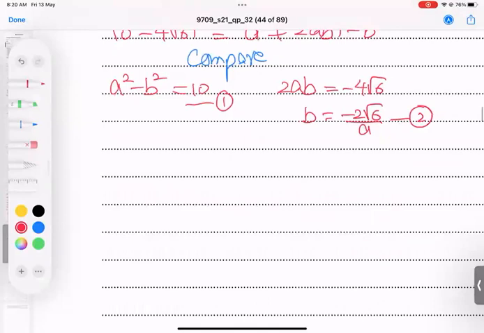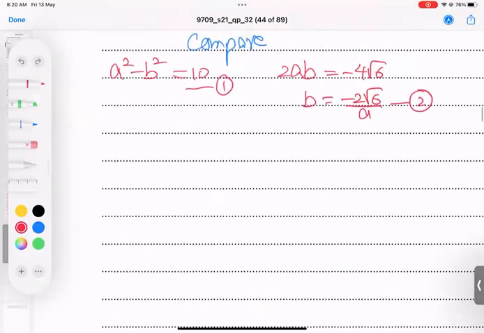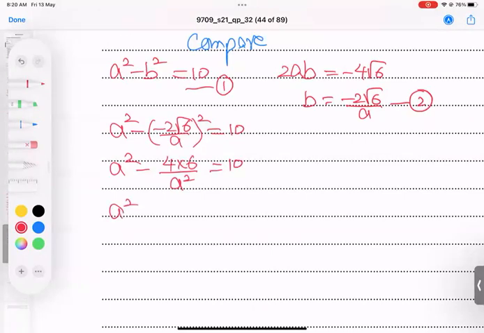Now after this, what is my ultimate target? My ultimate target is to get ab. So let's start. This value of b I will plug in here. So a to power 2, minus 2 root 6 over a whole square, equals 10. A square minus the square of negative 2 root 6 becomes 4 into 6 by a square. For a square, the LCM is a square.